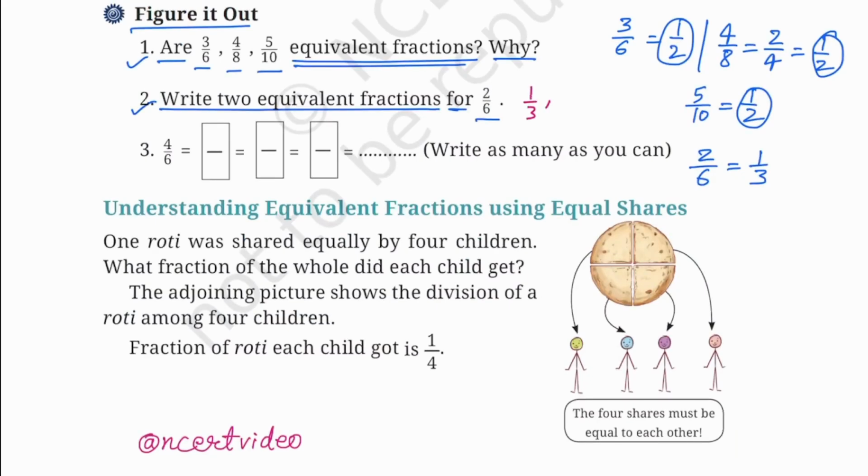We got 1 upon 3 by dividing 2 upon 6 by 2. If we multiply 1 upon 3 with 3 upon 3, we will get 3 upon 9.